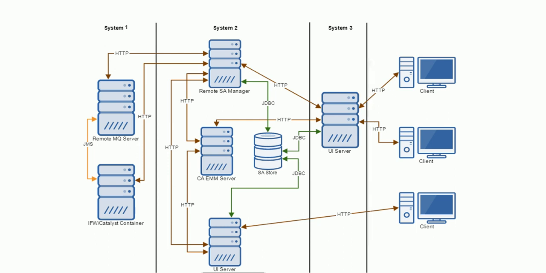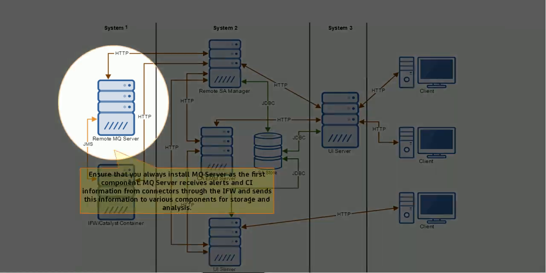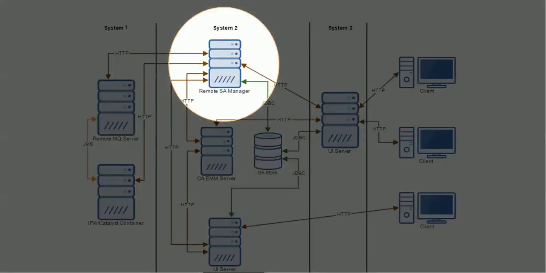Now let's understand the flow of each component. MQ Server connects to SA Manager through HTTP connection and IFW Catalyst Container through JMS. SA Manager correlates data so that CI managed in multiple products are managed as one entity in CA SOI.